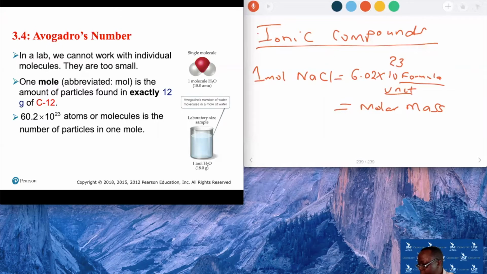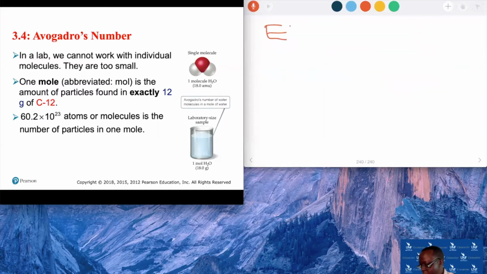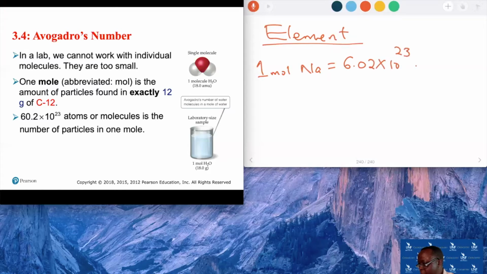For an element, an element that is just an element of the periodic table, 1 mole of Na, it's not NaCl, contains 6.02 times 10 raised to 23 atoms.